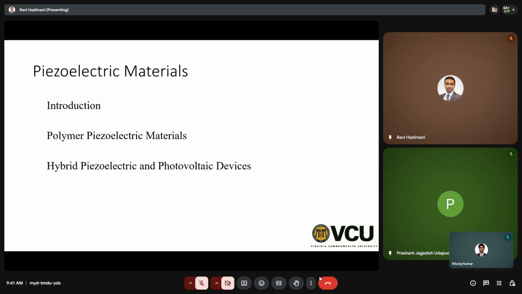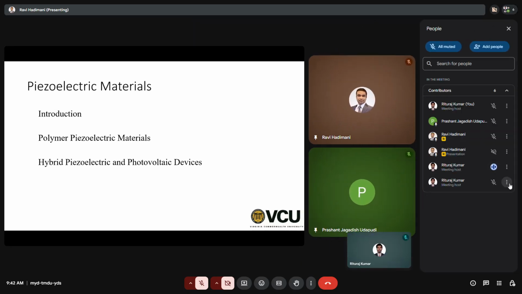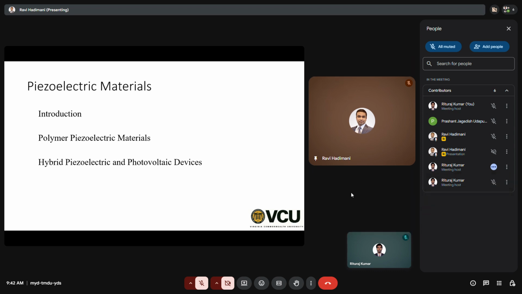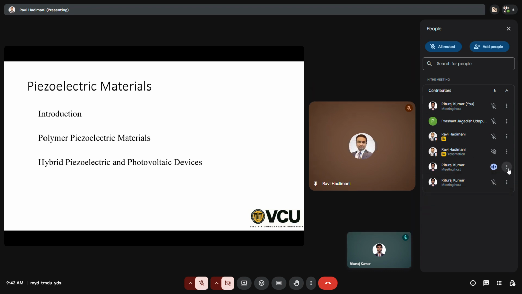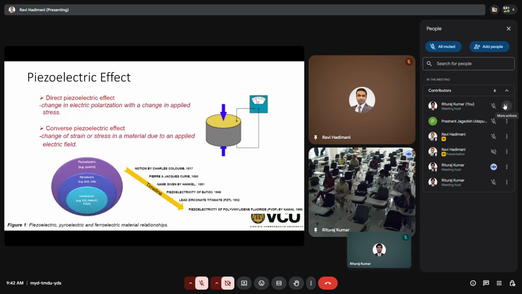Quartz is nothing but silicon oxide, or dioxide, SiO2, but it's in a certain crystal form. Then there are polymer piezoelectric materials. Then there are other ceramics that are piezoelectric. So we'll take a look at them.